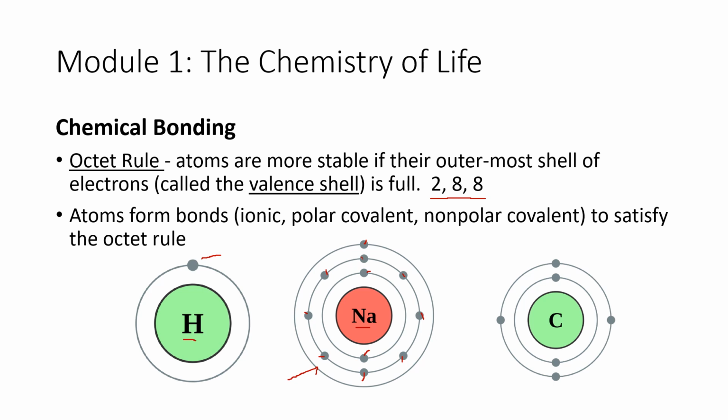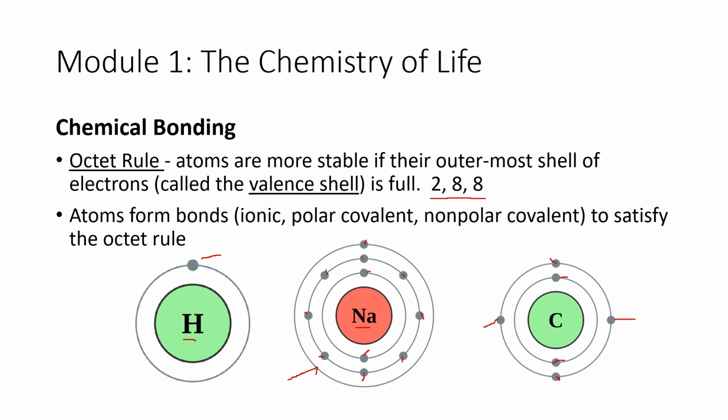This is carbon. Its atomic number is 6. It has 6 electrons. So you put 2 in the first shell, 1, 2, and then 4 in the next one, 1, 2, 3, 4. So to satisfy the octet rule, and here's the thing with this octet rule, elements are most stable when their valence shell has the correct number of electrons.